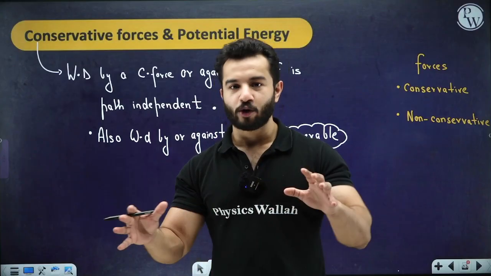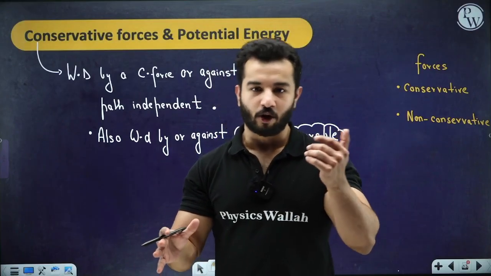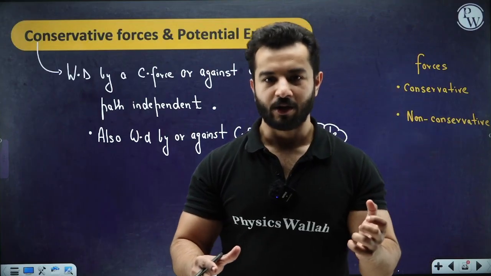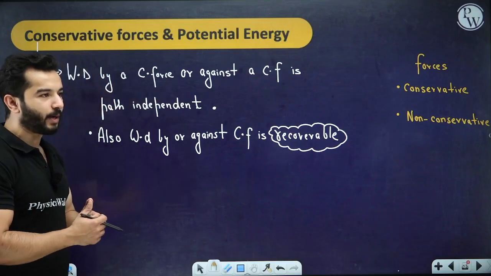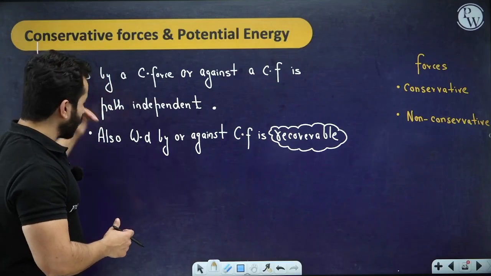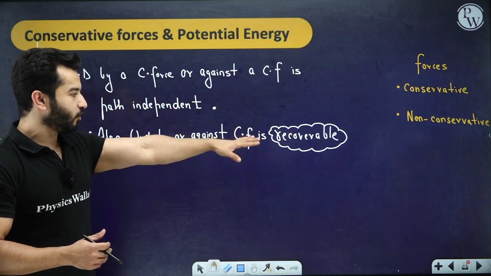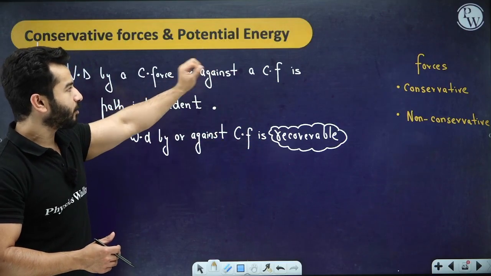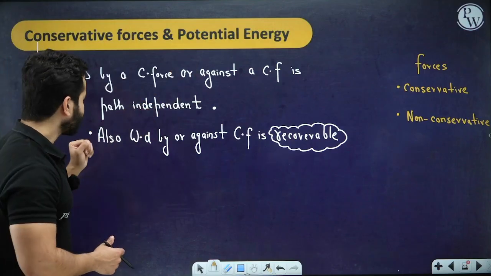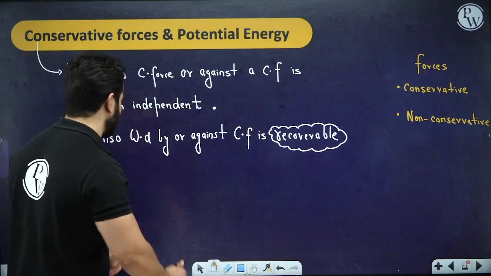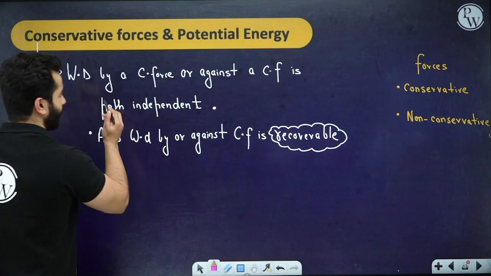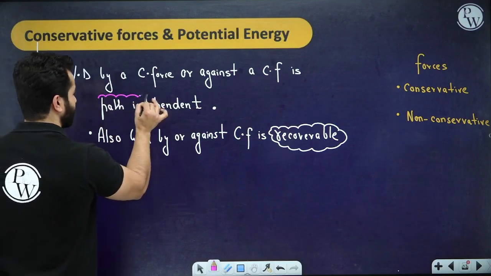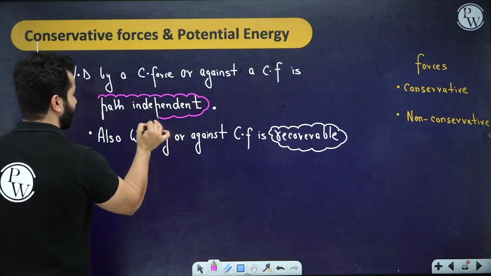We are never going to talk about potential energy when we are talking about a force which is not conservative. So these two things are coupled. So work done by or against a conservative force is recoverable, and that's why we are talking about potential energy. What else can we say? We can say, as an extension to the first point, that these are path independent.